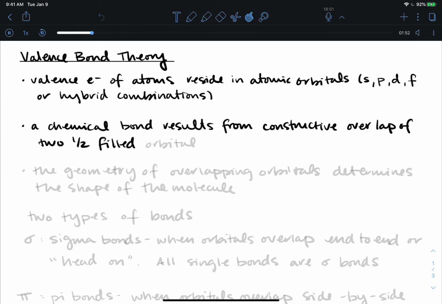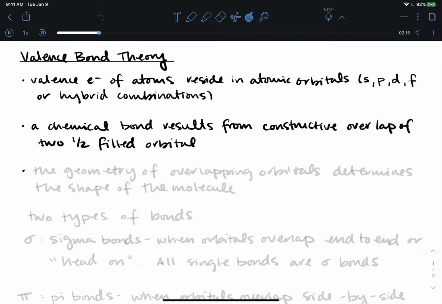So if one orbital can hold two electrons, and you have two orbitals that are half-filled, when they overlap, if you get constructive interference, that's a building up of the wave function, that's a higher probability of finding the electrons there, and gives us two electrons for our bonding pair.